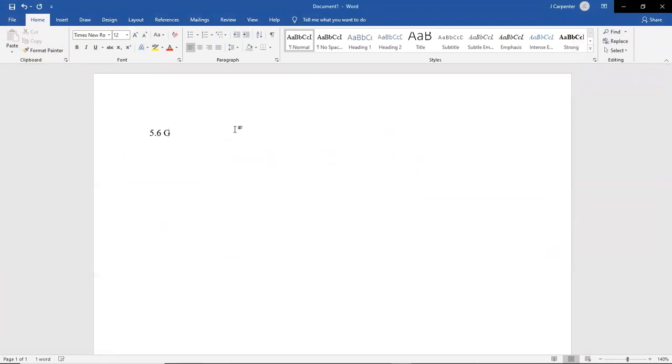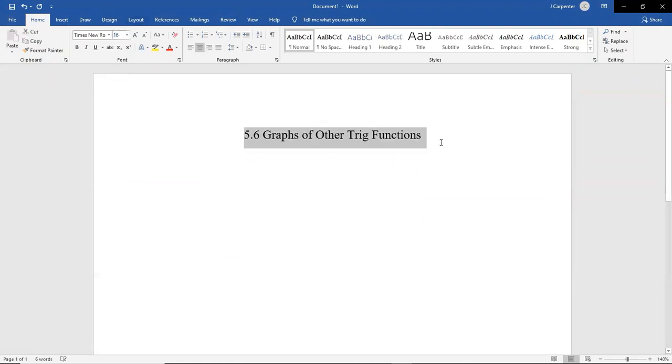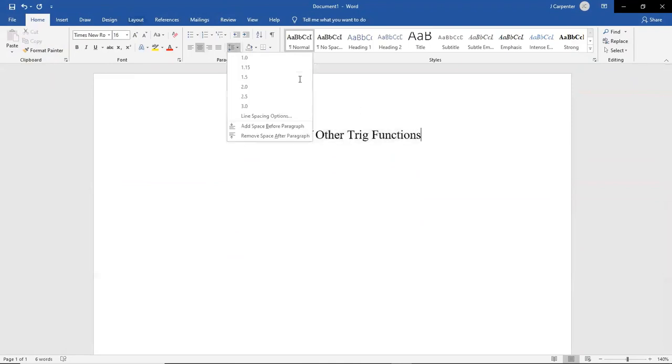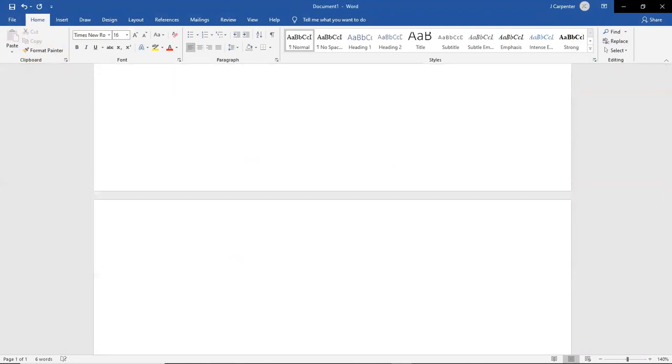So 5.6, graphs of other trig functions. Center, bigger. There we go. Enter. Boom. Lots of space.